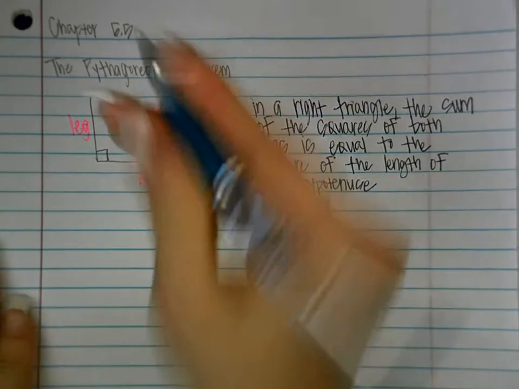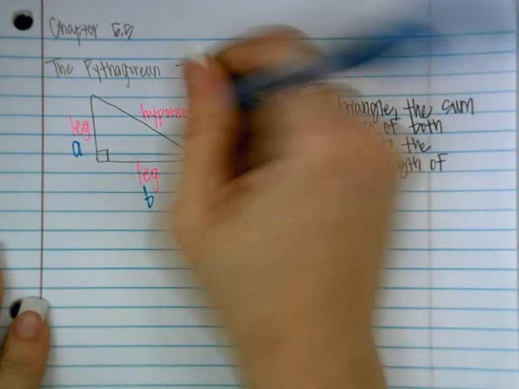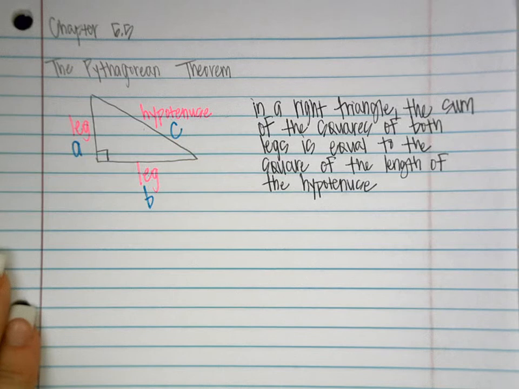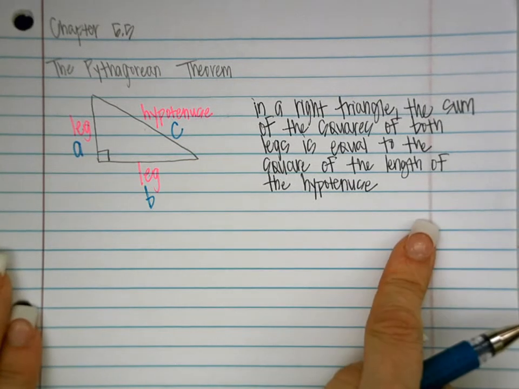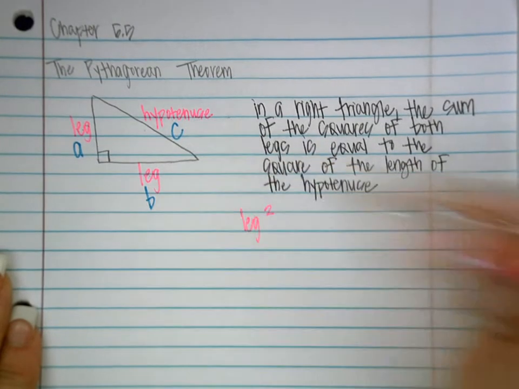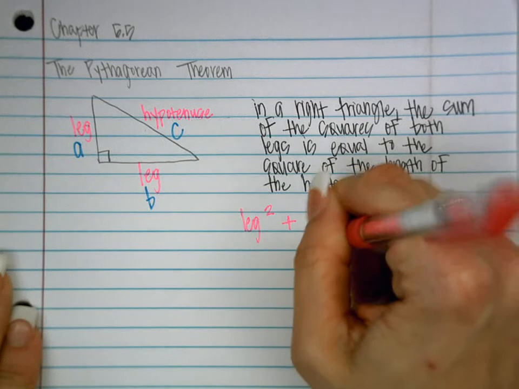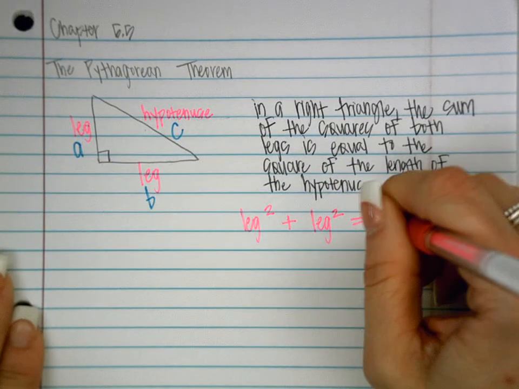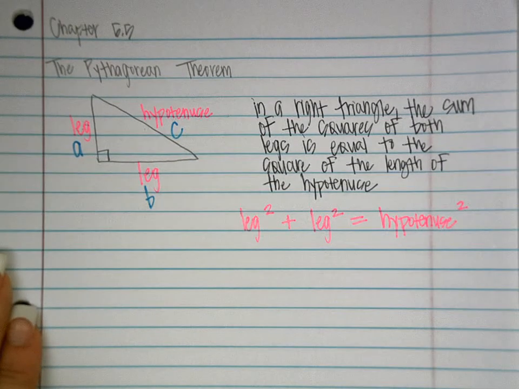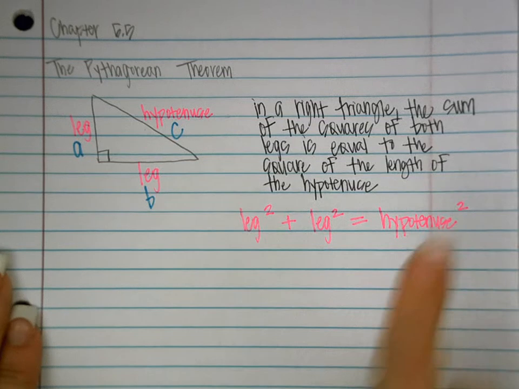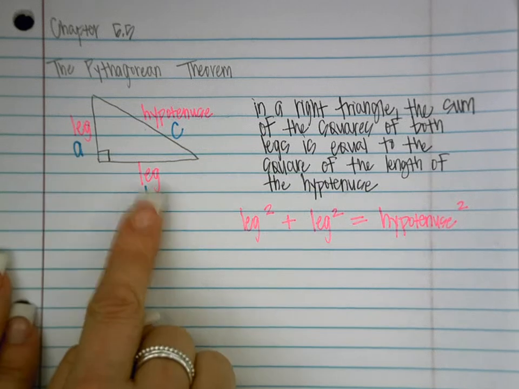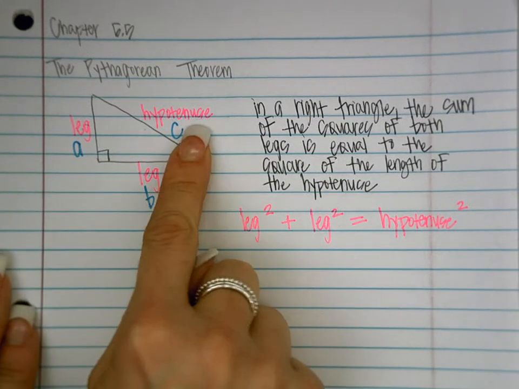I'm going to label this one as A, this is B, and the hypotenuse is always C. The theorem tells you that the leg squared plus the other leg squared is equal to the hypotenuse squared.